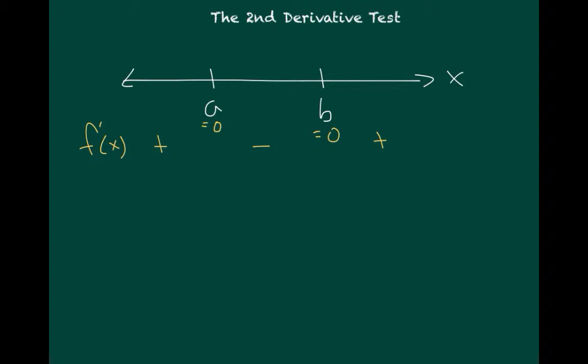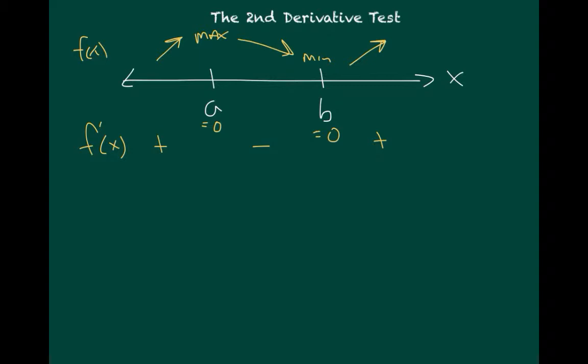That would mean that the original function, f of x, was increasing, hit a local maximum, possibly global, but we don't know. It decreased to hit a minimum, possibly global or local, we don't know, and then increased again as the derivative turned positive.